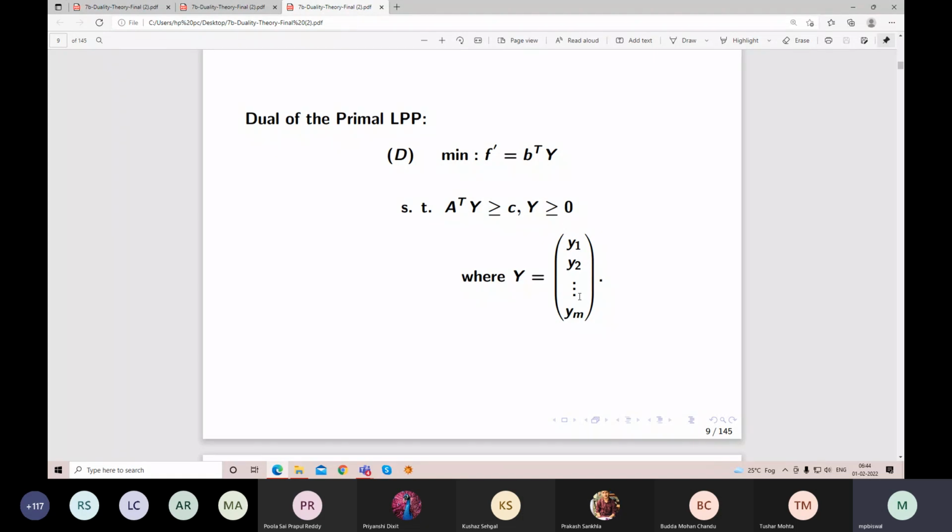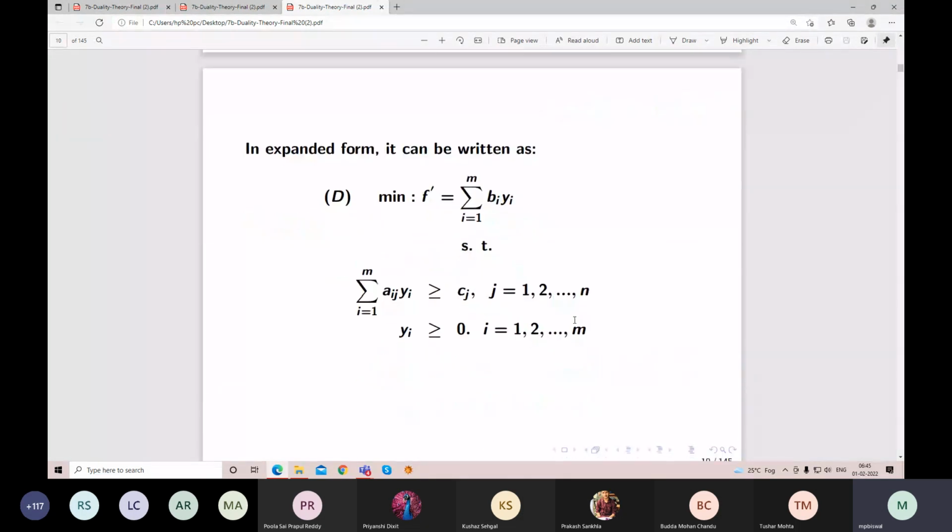Here there are n constraints and m dual variables, since there are m constraints in the primal. You have to remember so many things: primal, dual, the primal constraints, the primal objective function, the dual objective function. This is the expanded notation.